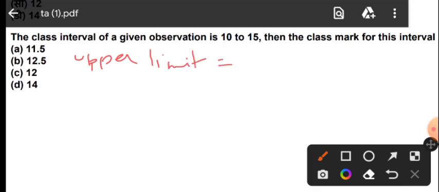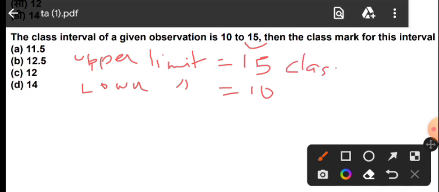What is the upper limit? Upper limit is 15 because it is larger, and the lower limit is 10, right? So we know the class mark formula.